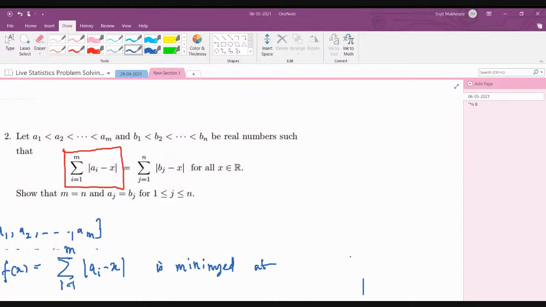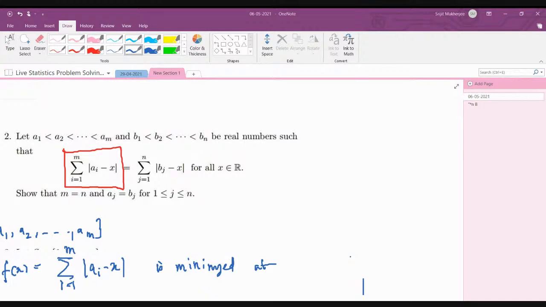Any ideas? Two functions, they are equal: fx is equal to gx. Then what can we say? If two functions are equal, the minimum value will be equal. So both are the same medians.